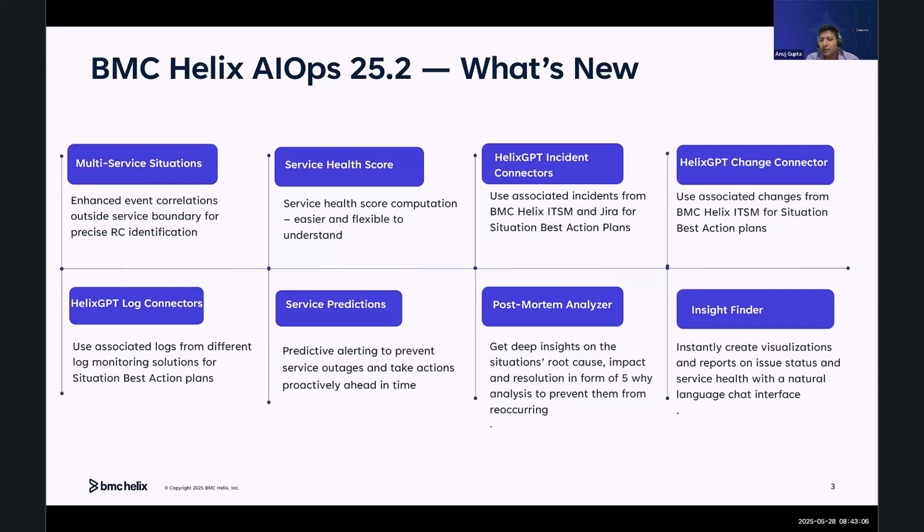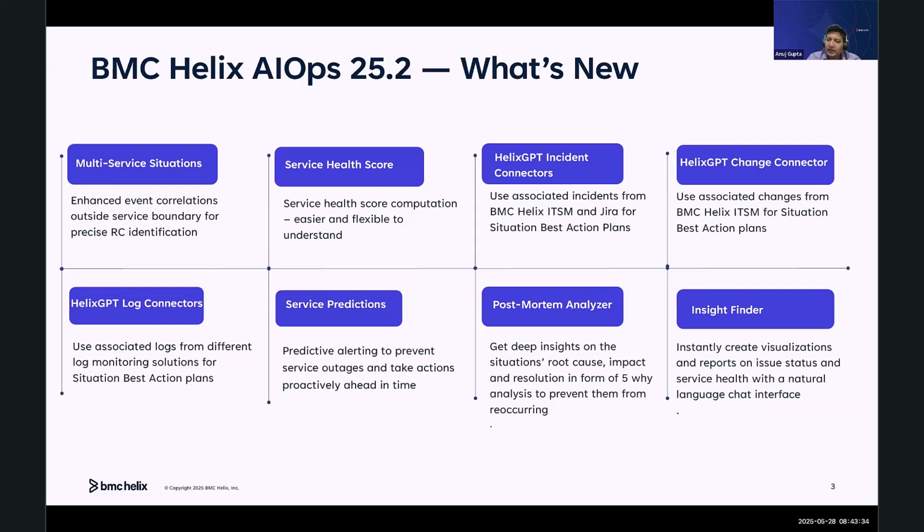What was the impact of this issue? What was the resolution provided? And then with this postmortem analysis, we get a natural language driven document which tells what this problem is, why it occurred, and how it can be prevented. That is where a service owner can take meaningful actions to prevent other situations from occurring.